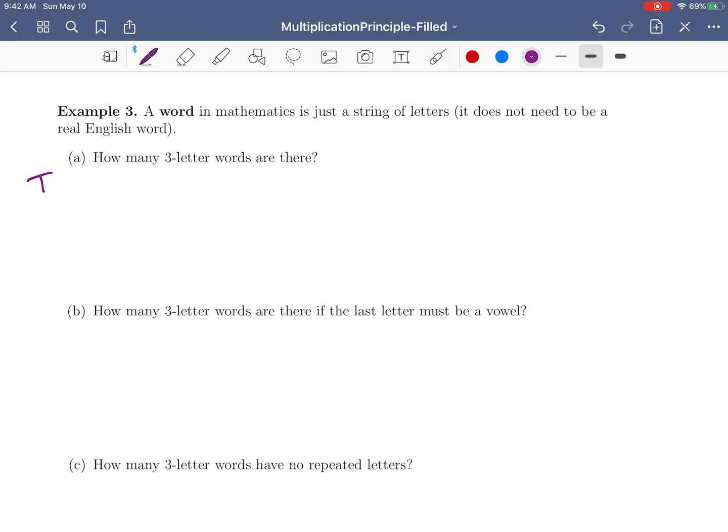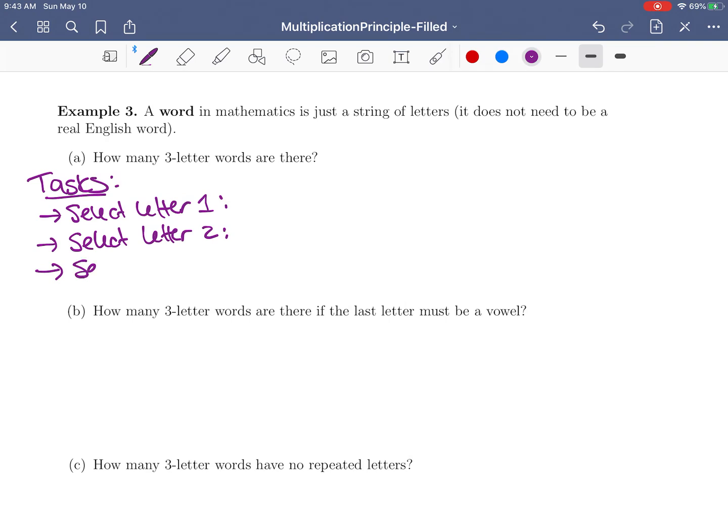What are our tasks? What do we need to decide? Well, if it's a three-letter word, we need to pick 3 letters to go into it. We're going to have to select the first letter, so letter 1, and then select letter 2, and then select letter 3.